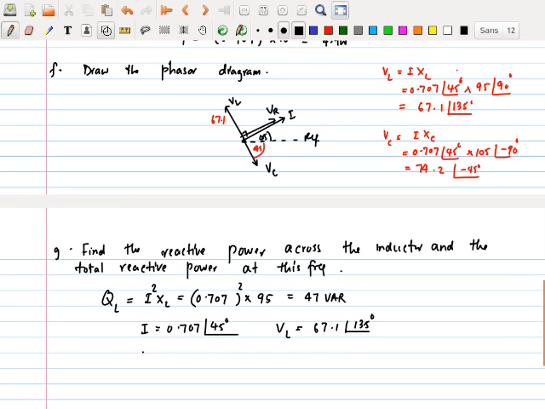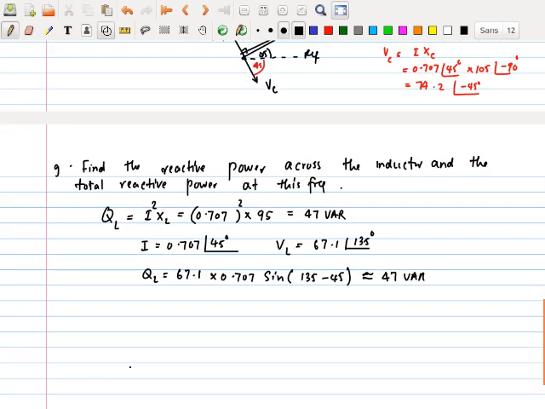You could have also found this answer by putting QL is equal to V times I sine of the angle between these two, 135 minus 45. You would have got at least approximately the same answer that you got here. If somebody can actually do this now and tell me, you should have got the same answer.